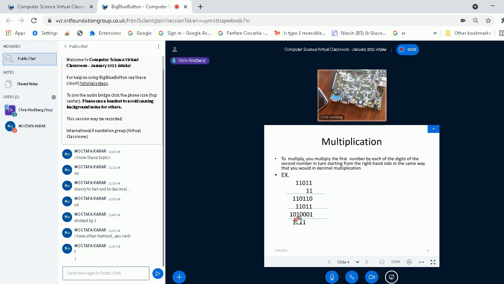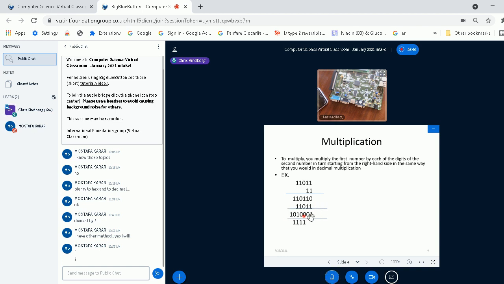In this column, you're adding 1 and a 1, and you've got a carry bit, so you get a 1 and a 0.